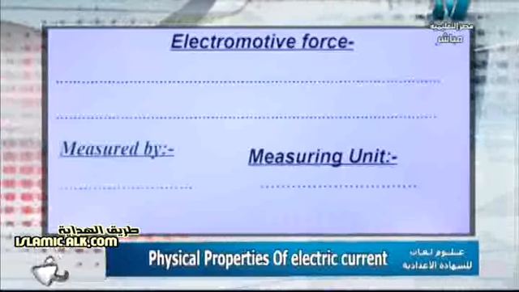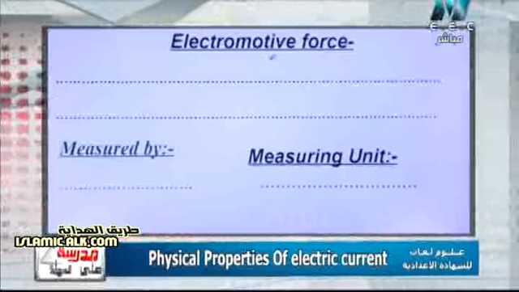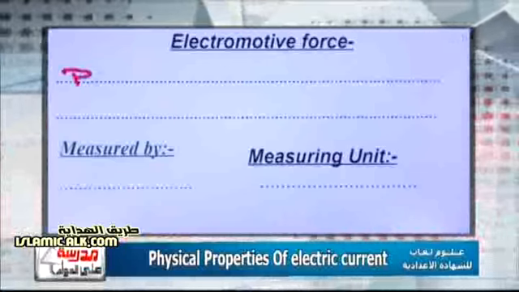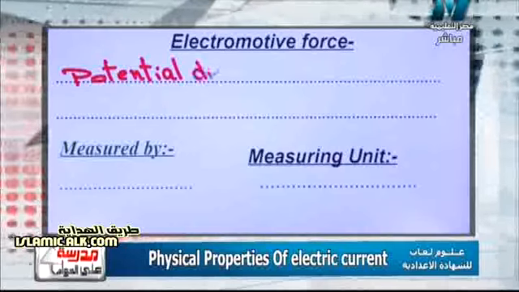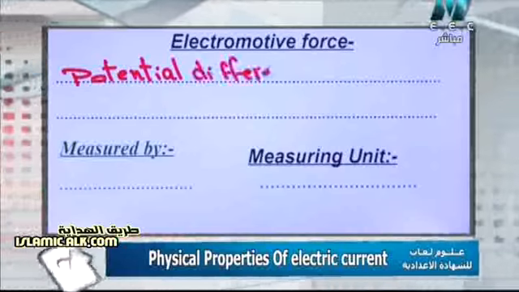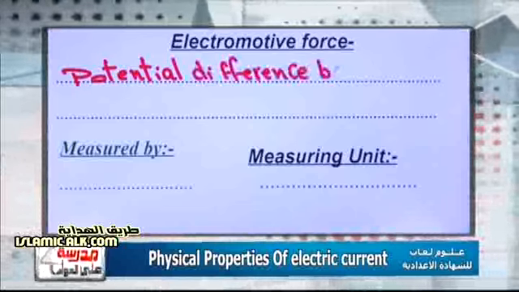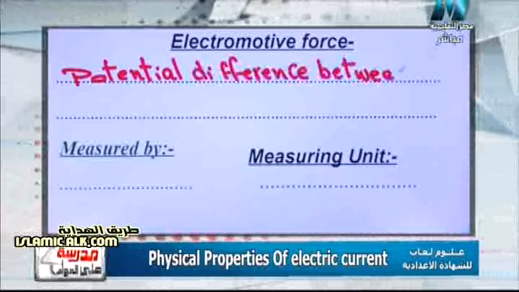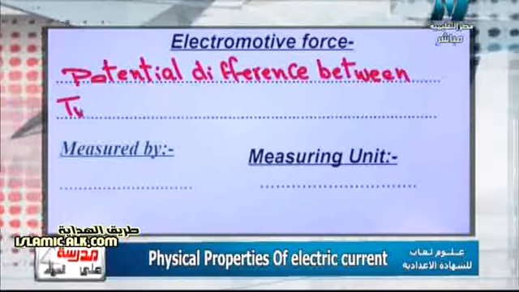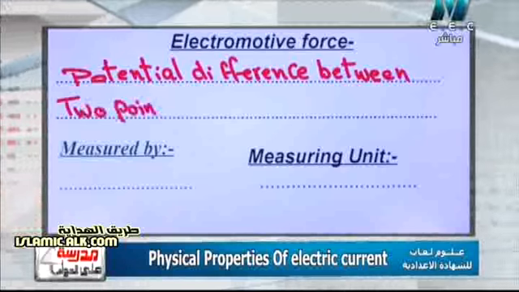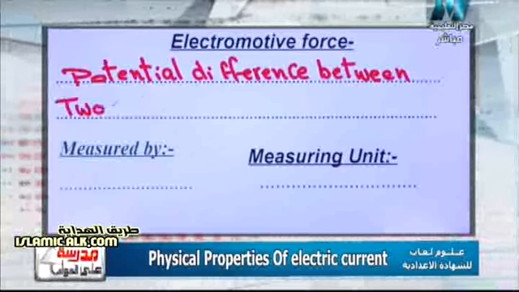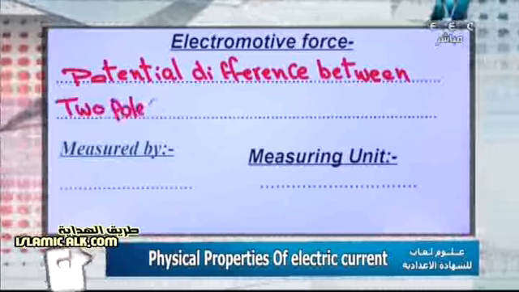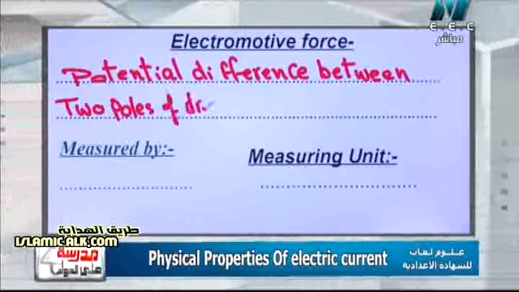As you see here, dear students, we can now write the definition of the electromotive force. EMF, electromotive force, is the potential difference between two points, or two poles, of a dry cell or battery.